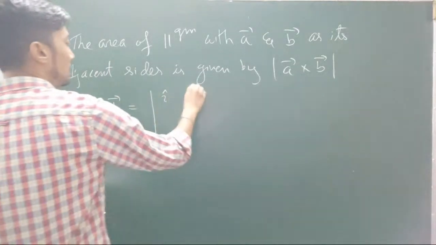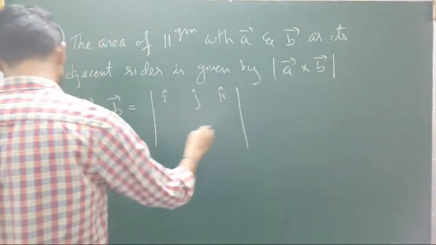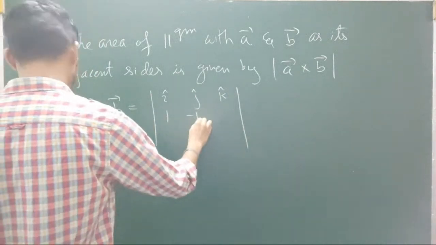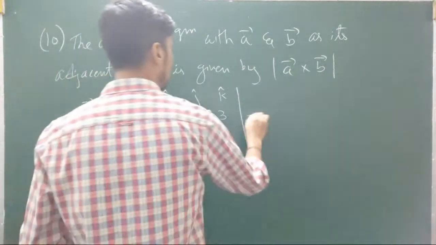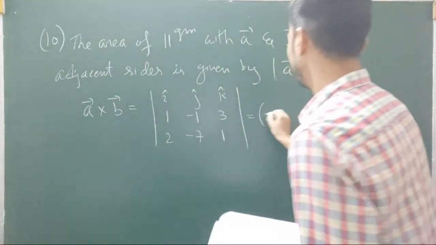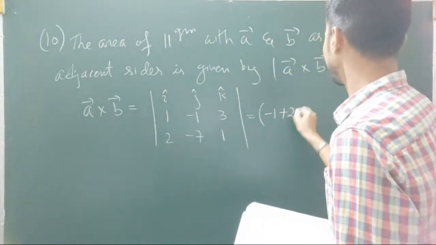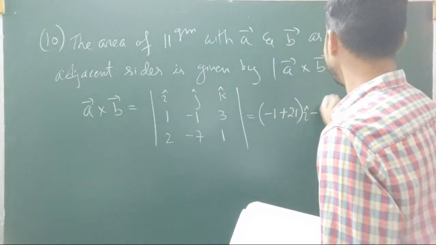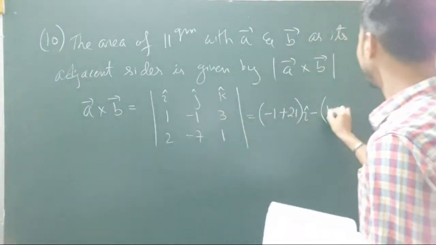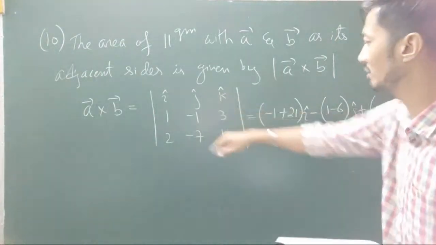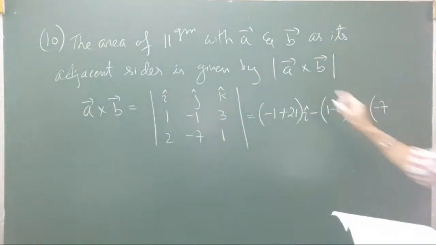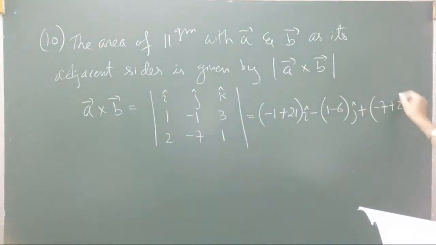Cross product I, J, K. So it's 1, minus 1, 3; 2, minus 7, 1. So that's going to be minus 1 minus 7 3s are 21, I; minus, J, 1 1s are 1 minus 2 3s are 6; plus K, minus 7 plus 2.